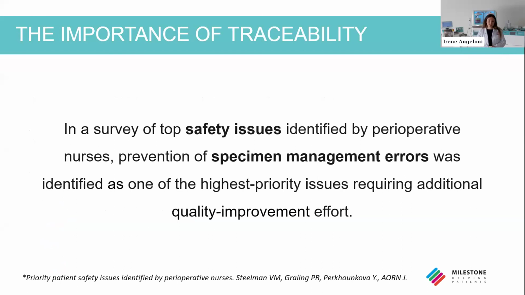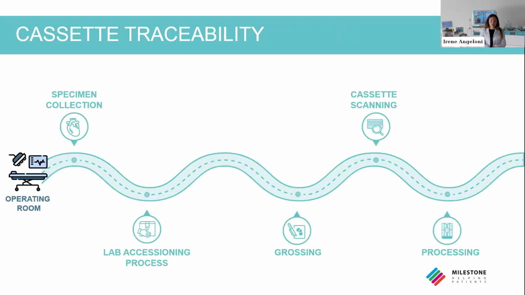As we see also in this survey, the traceability is important also for safety. In fact, specimen management errors are an issue that requires quality improvement efforts. And with errors, in this case, what we mean is, for example, wrong or missing code, or worse, lost cassette, this kind of error.